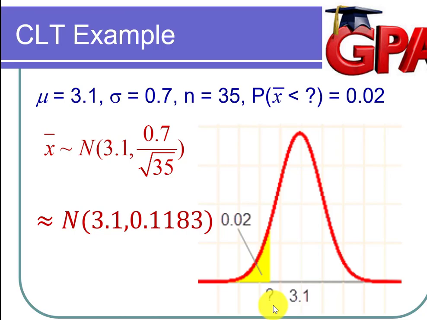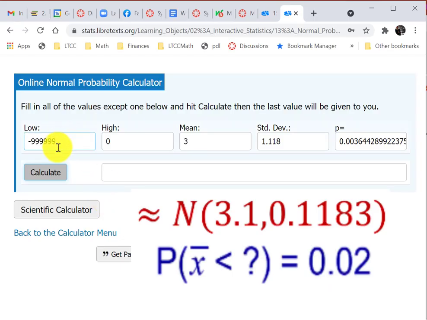We want to find out what this unknown number is. So now we can use the calculator. Here's the calculator again. The unknown number is the high, and we want to know less than that. So the lowest is still negative a bunch of nines. The high now is unknown, so that is empty. That's what we want.